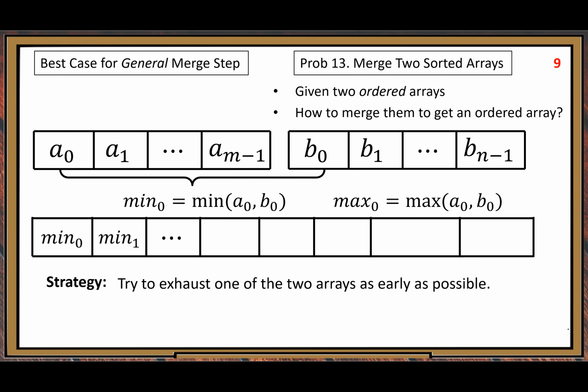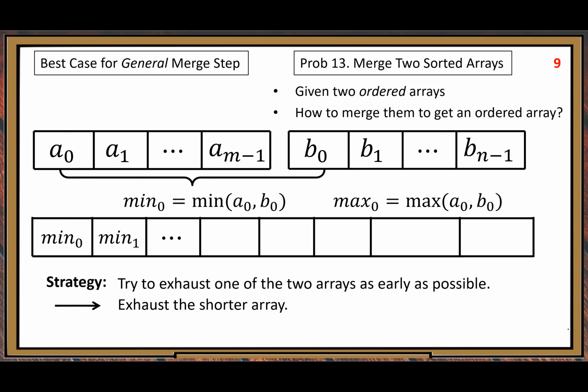Because you already exhausted one of the subarrays. You just put the remaining elements in place directly. Try to exhaust one of the two arrays as early as possible. How to implement the strategy?